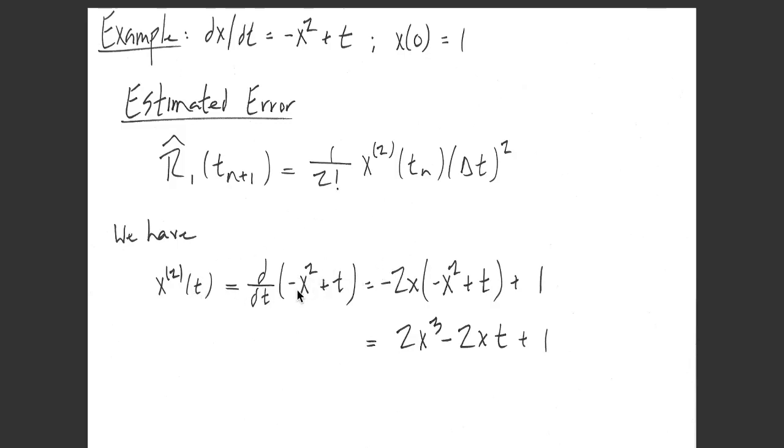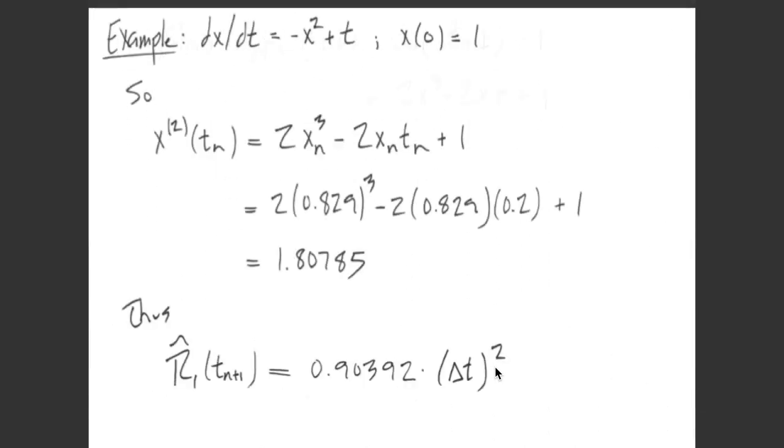The second derivative of our solution is the derivative of the first derivative, and performing that differentiation, remembering x is a function of t, and using the ODE, we arrive at this expression for the second derivative, which we've seen before. The second derivative evaluated at t sub n would be this, and plugging in what we know for Tn and Xn, we get this value for the second derivative evaluated at t sub n. And then that plays into our estimated remainder.